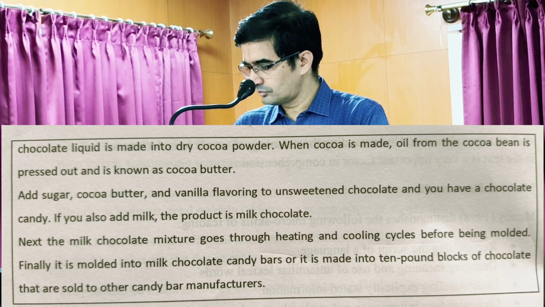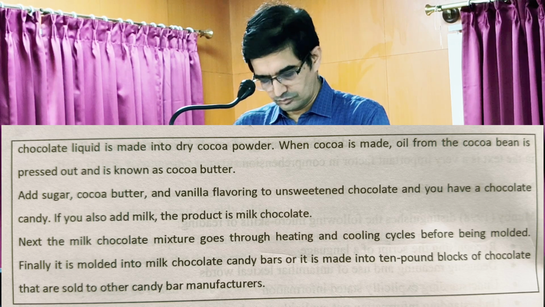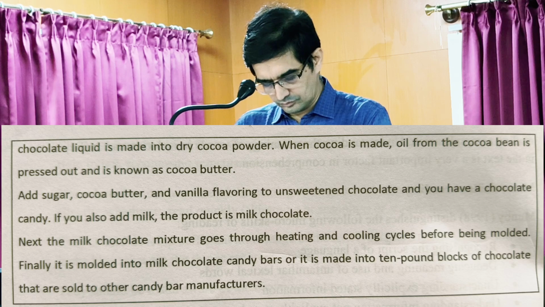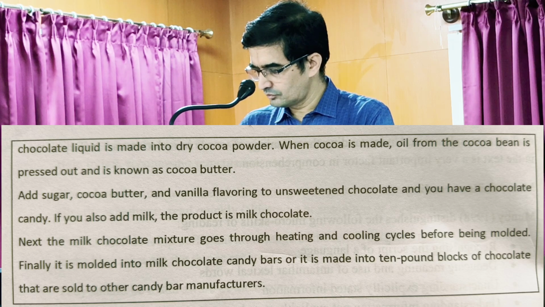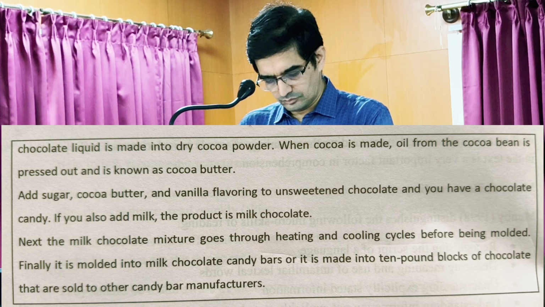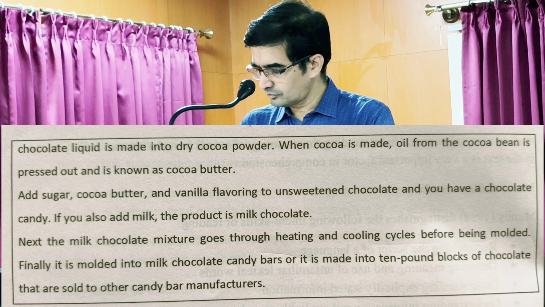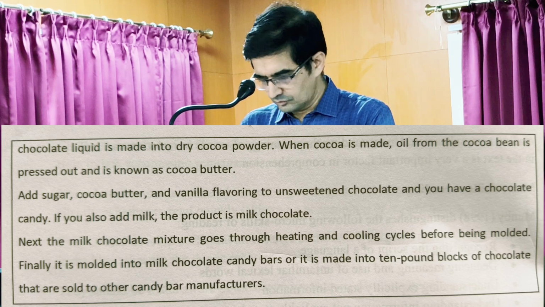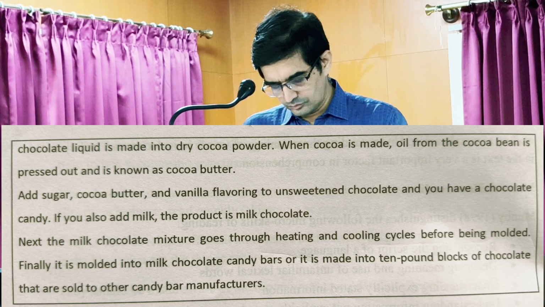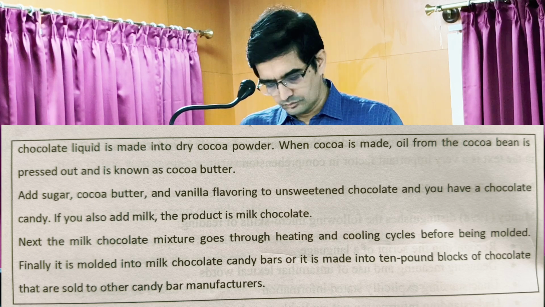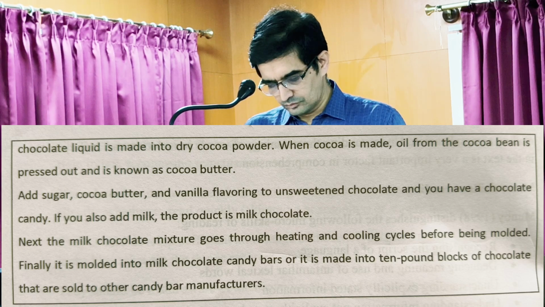Add sugar, cocoa butter and vanilla flavoring to unsweetened chocolate and you have a chocolate candy if you also add milk. The product is milk chocolate. Next, the milk chocolate mixture goes through heating and cooling cycles before being molded. Finally, it is molded into milk chocolate candy bar or it is made into 10-pound blocks of chocolate that are sold to other candy bar manufacturers.